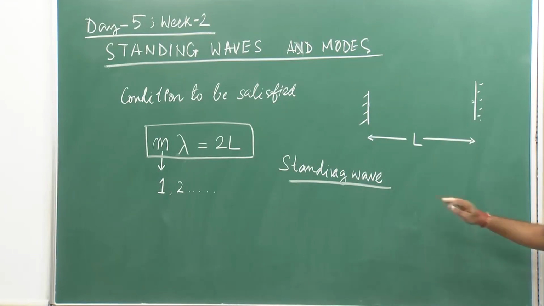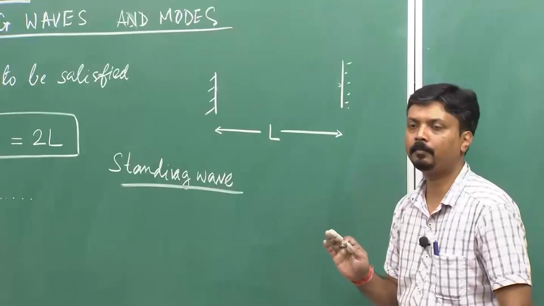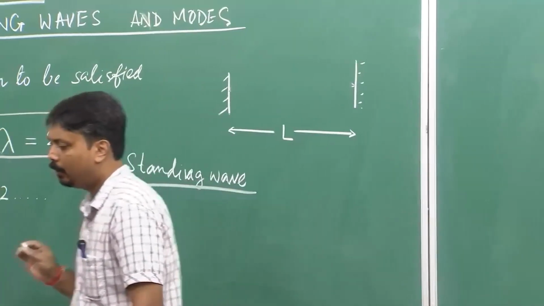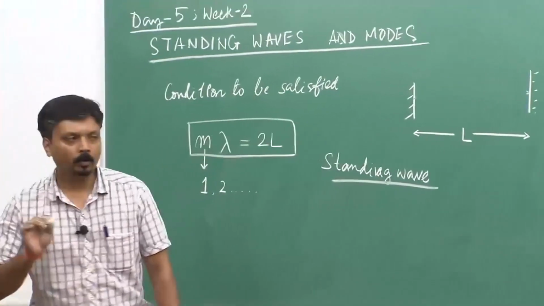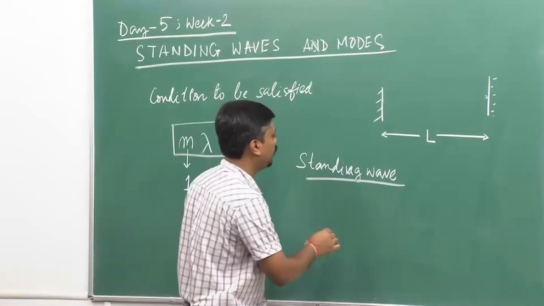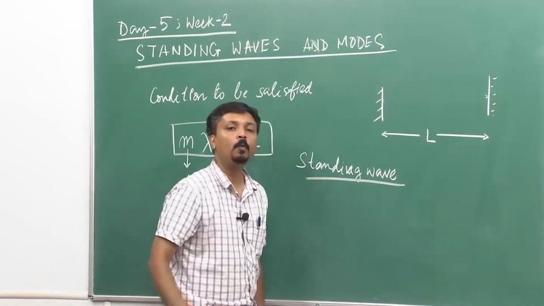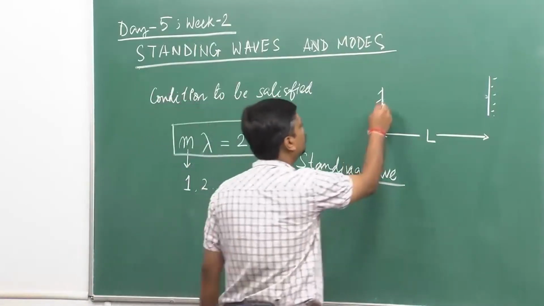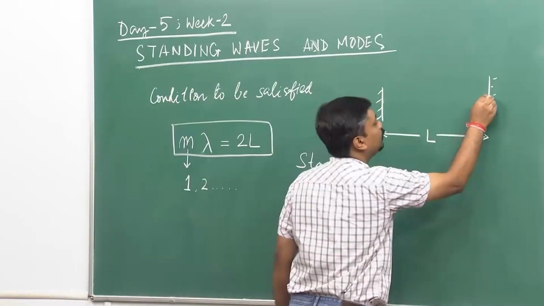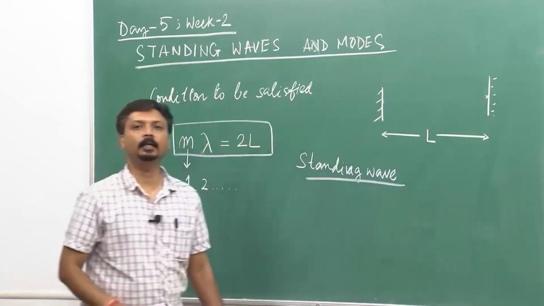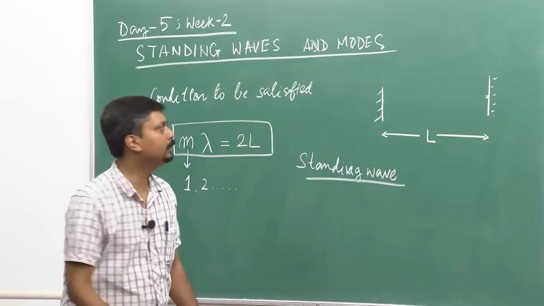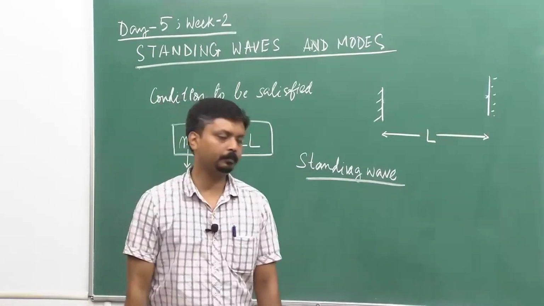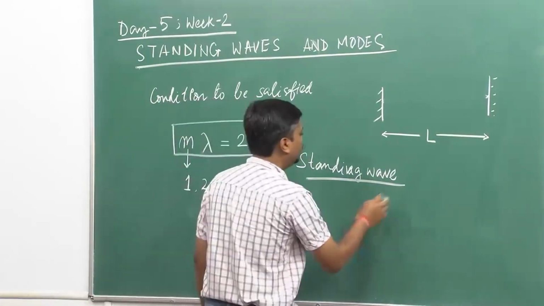So, what does that mean in case of laser? In case of laser, it will mean that all these modes that will form a standing wave will have their nodes at the turning points, that is, at the mirrors, the two end mirrors. These mirrors, as we have already said, are called end mirrors. So, what is a node?